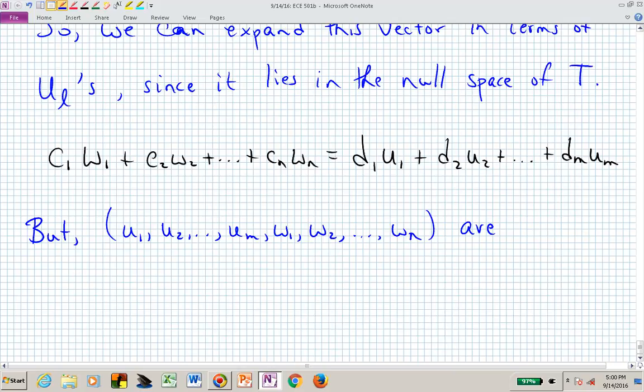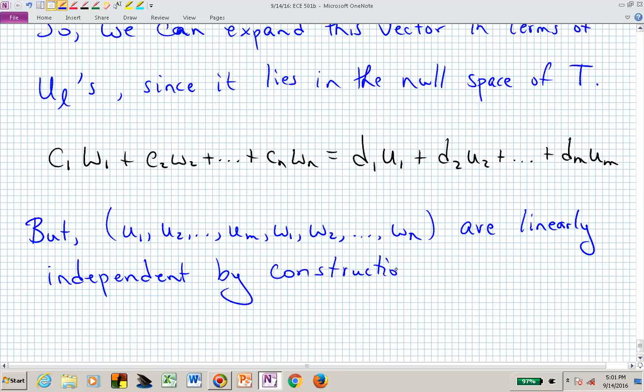So we know that all these vectors, U1 through Um, W1 through Wn, are linearly independent by the way that we built them, by construction.